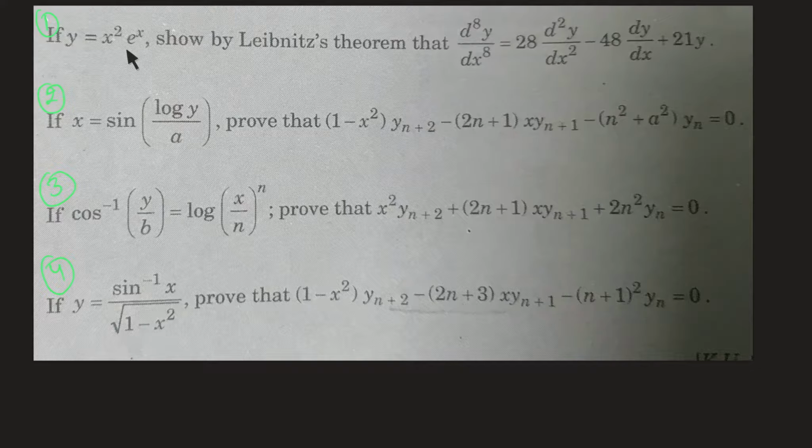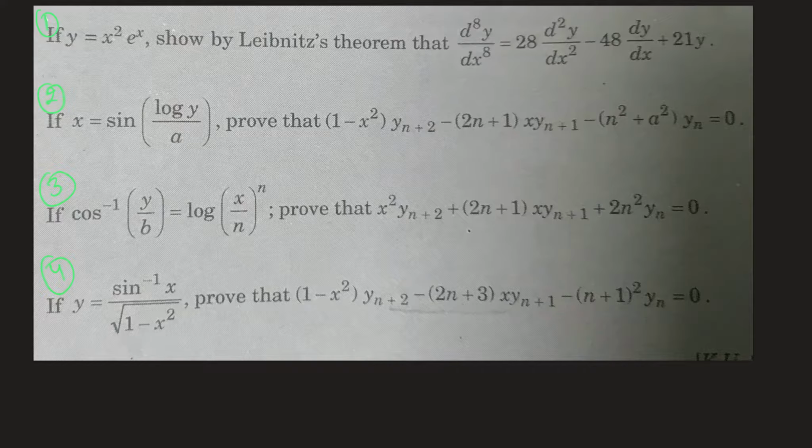This is the given and we have to show by Leibniz theorem that the 8th order derivative is equal to 28 d square y by dx square minus 48 dy by dx plus 21 y.